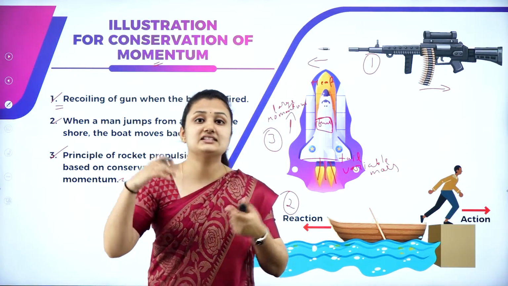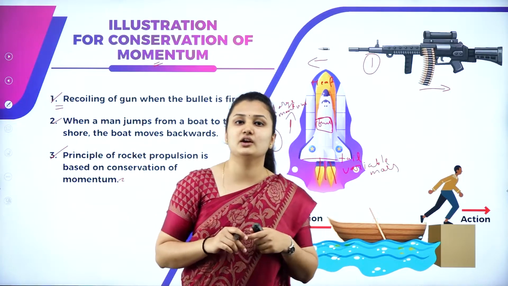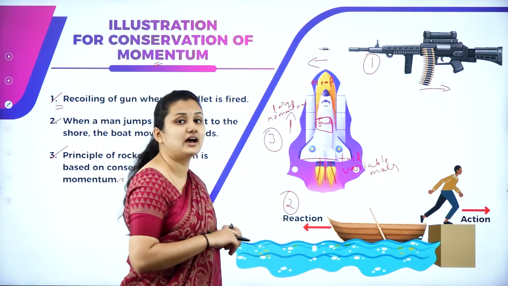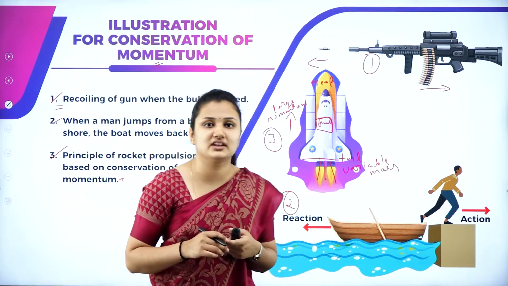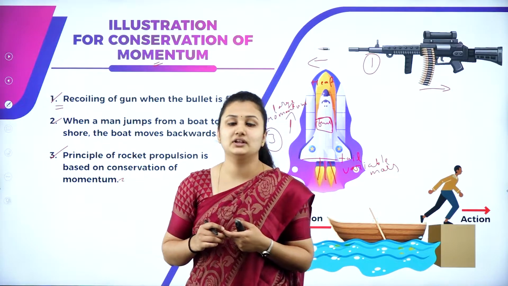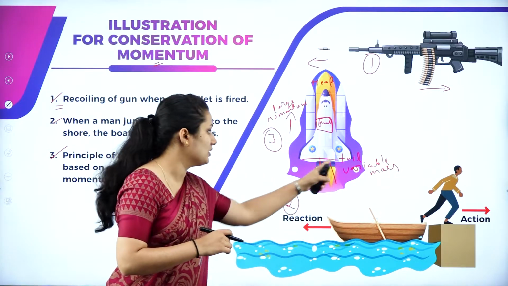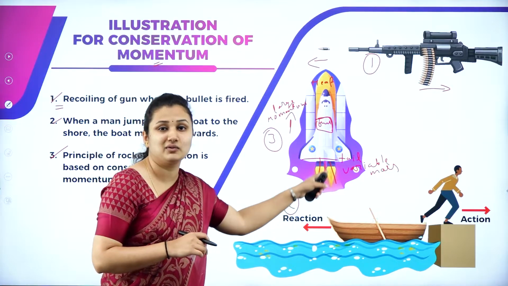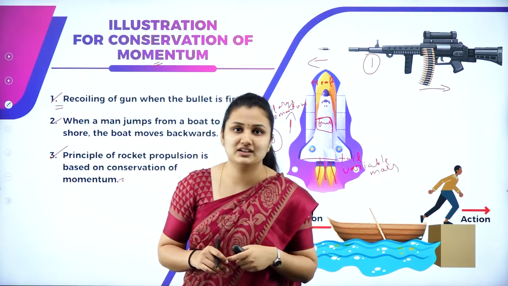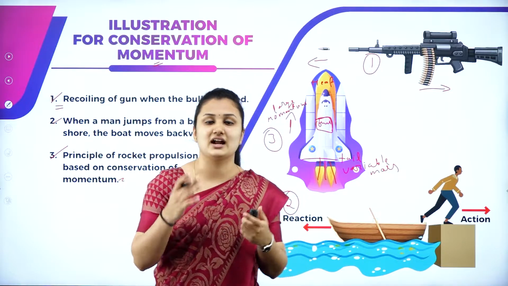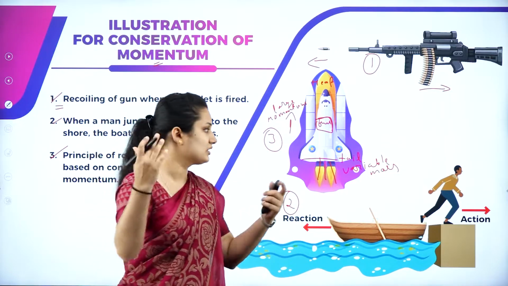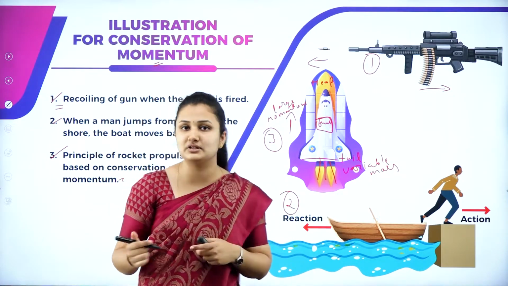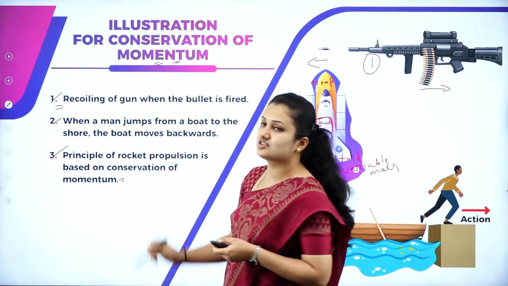That is when Einstein came up with the special theory of relativity. We'll study that in detail in your higher classes. So these are the examples for conservation of momentum.